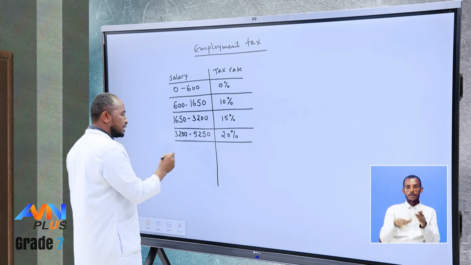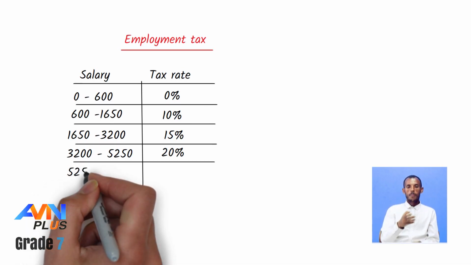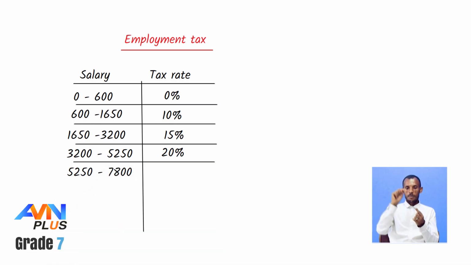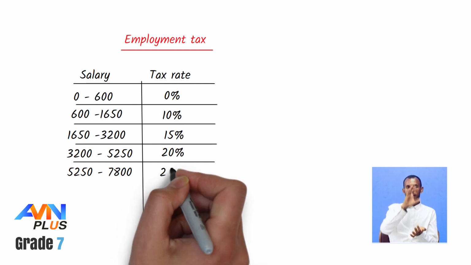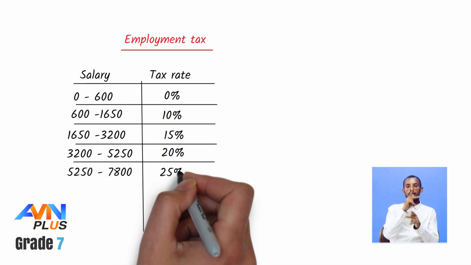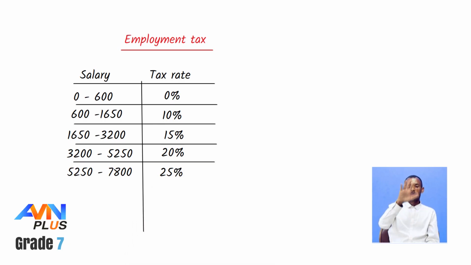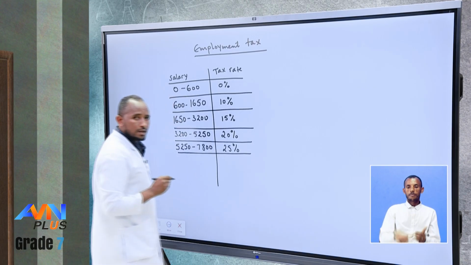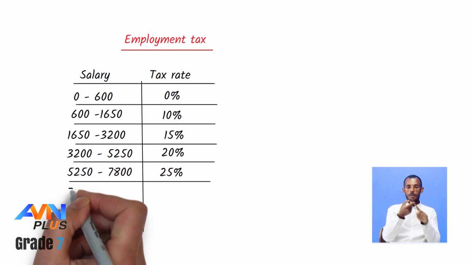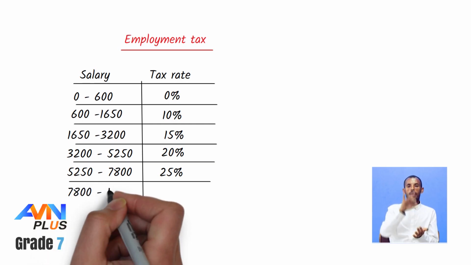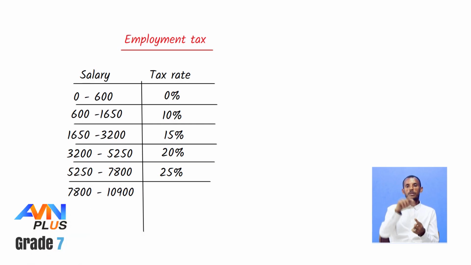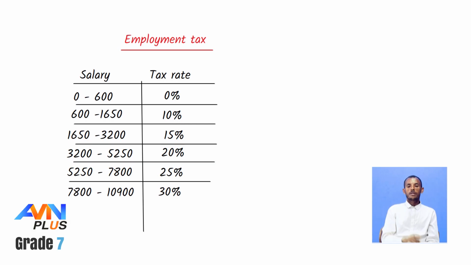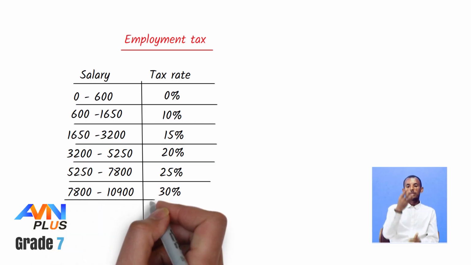The next range from 5,250 to 7,800, you are expected to pay 25%. The next range from 7,800 to 10,900, the tax rate for this interval is 30%.